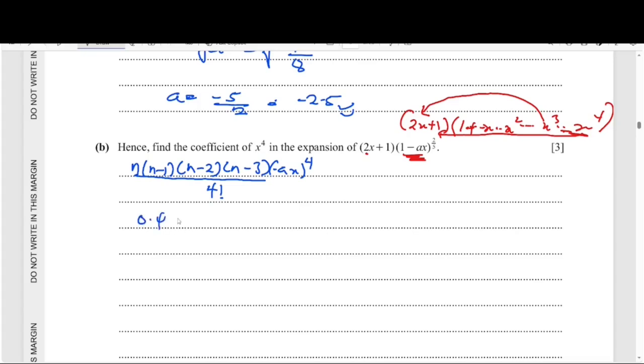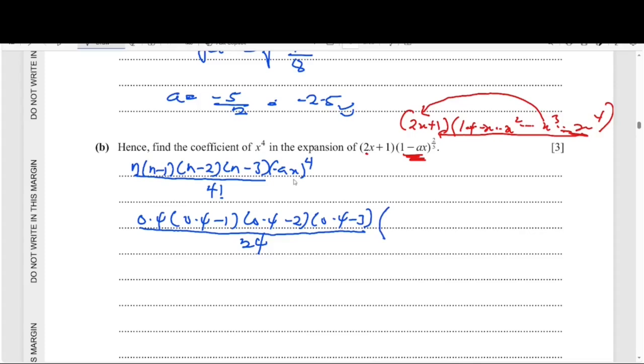So 0.4, 0.4 minus 1, 0.4 minus 2, 0.4 minus 3, divided by 4 factorial. That's 6 times 4, which is 24. And then times (-a)^4. I need not include the x, because the x will give us the x^4 term.